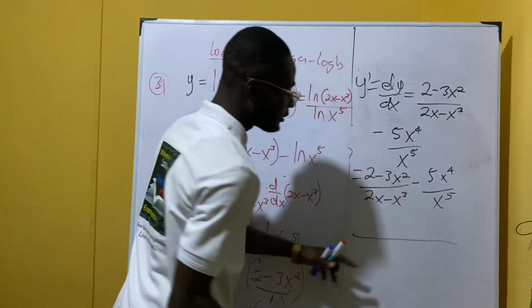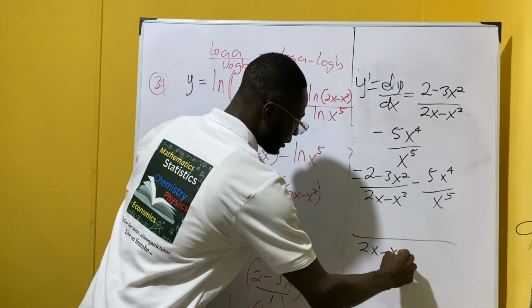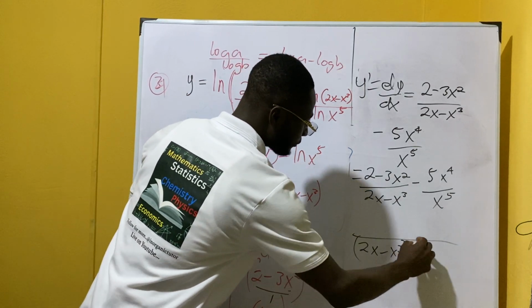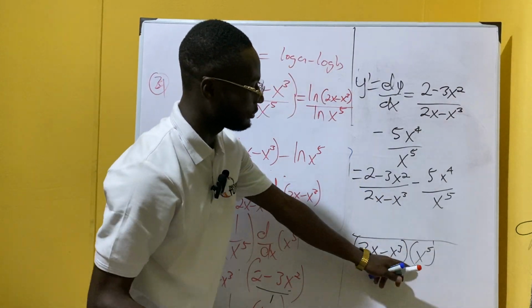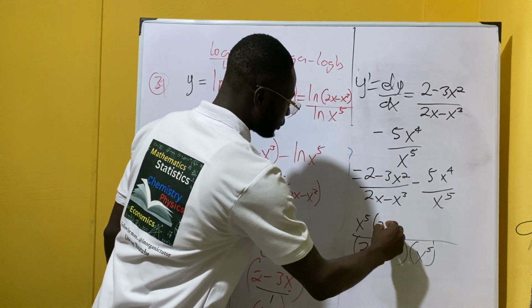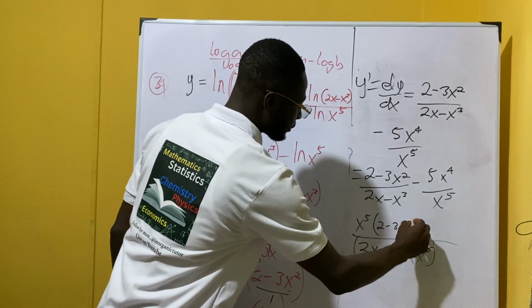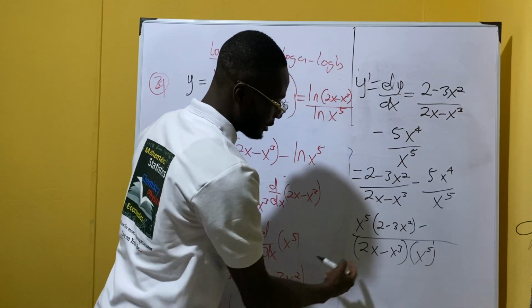So we can look for a common denominator here. This will take off this and we have this remaining x to the 5 into (2 minus 3x squared), minus this taking off this, and then we have this.